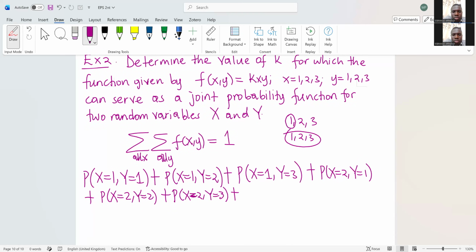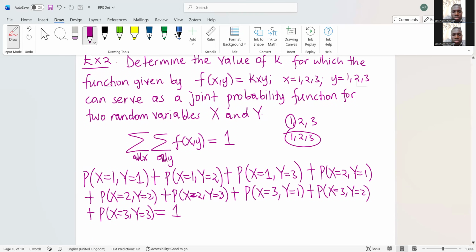Then I go to x equals 3: probability of x equals 3, y equals 1, plus probability of x equals 3, y equals 2, plus probability of x equals 3, y equals 3. And this should equate to 1.